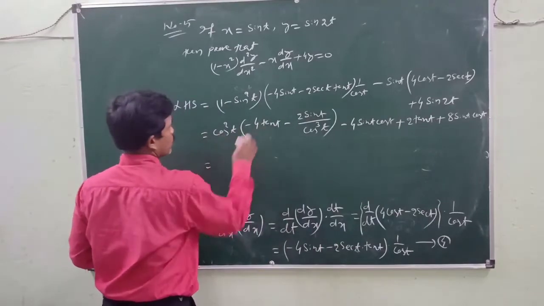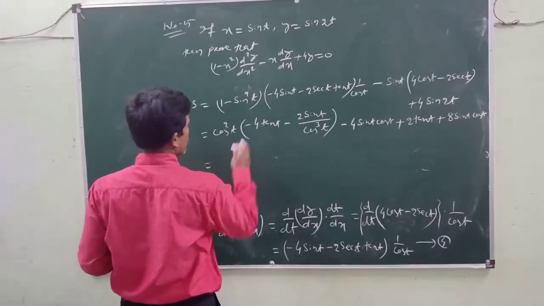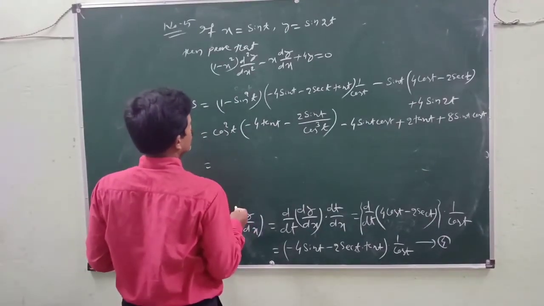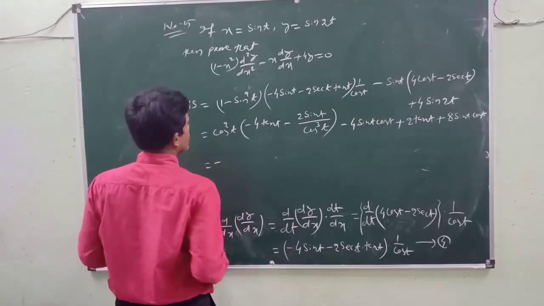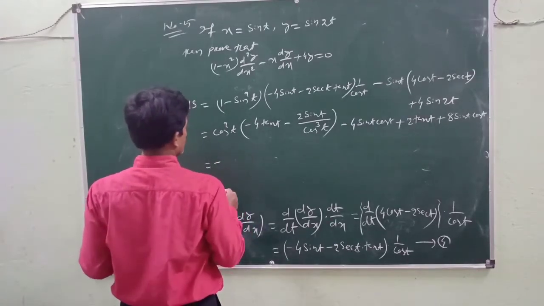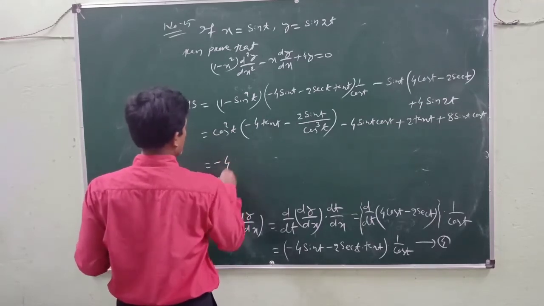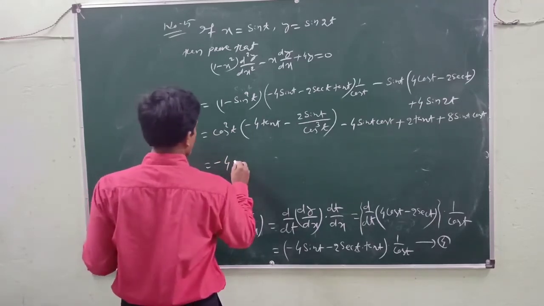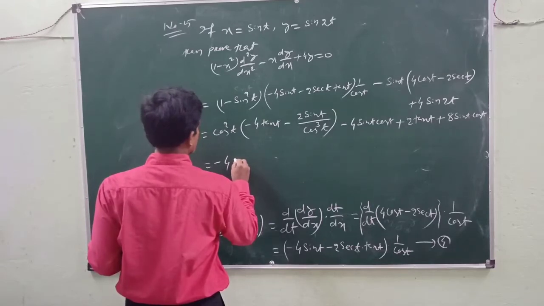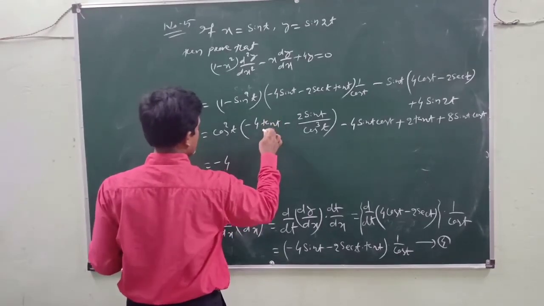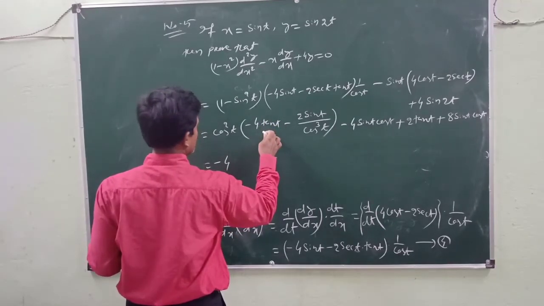That equal to, when multiplied by cos square t, it will be minus 4 tan t, meaning sin t by cos t.